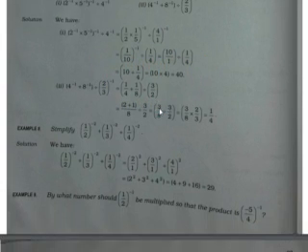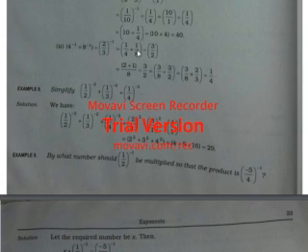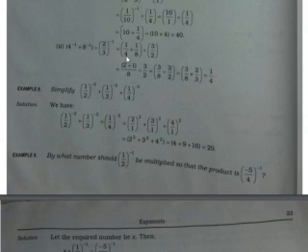If you see question number 2, 4 raised to the power minus 1 plus 8 raised to the power minus 1 divided by 2 by 3 raised to the power minus 3 is equal to 1 by 4 plus 1 by 8 divided by 3 by 2. So at first we will do the fraction addition by taking the LCM of 4 and 8, that is 8. 8 divided by 4 is 2, so 2 ones are 2, and 8 divided by 8 is 1, so 1 one is 1, so 2 plus 1 is written over here, so it becomes 3 by 8 divided by 3 by 2.